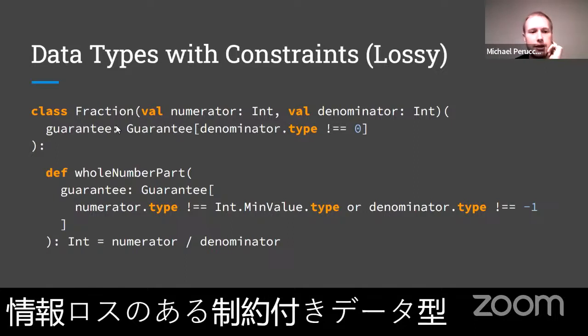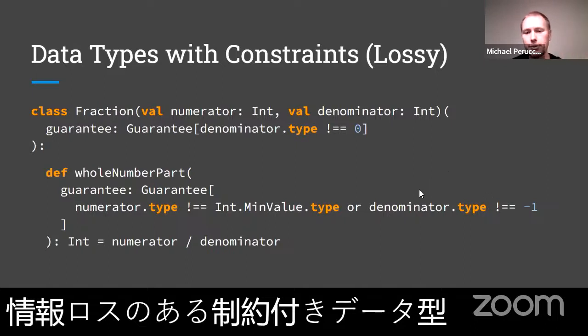And we might want to have a method on our fraction that gets the whole number part out of our fraction. And the way that works is dividing the numerator and the denominator. But if they try to call this function, we want them to also guarantee that the numerator is not the negative min integer and that the denominator is not equal to -1.